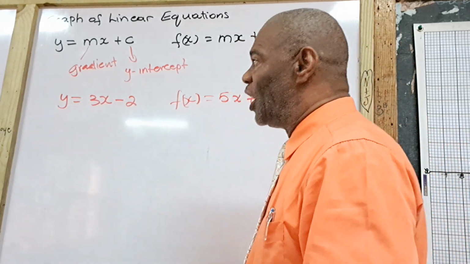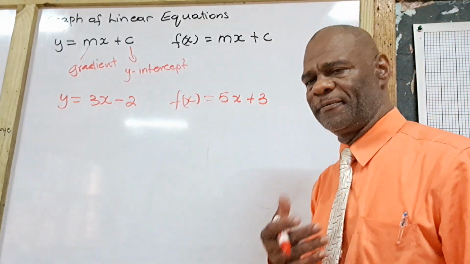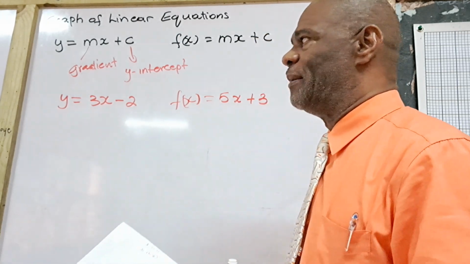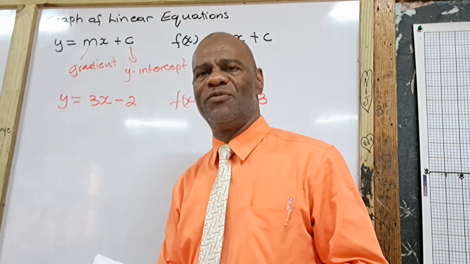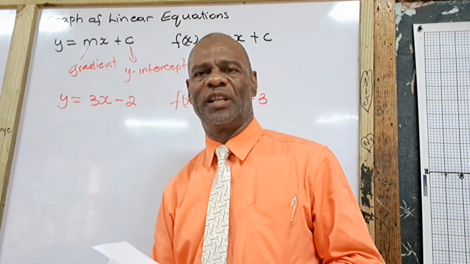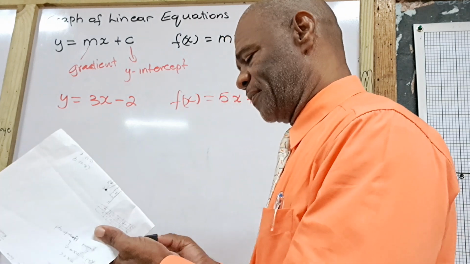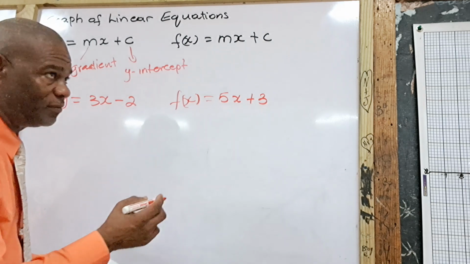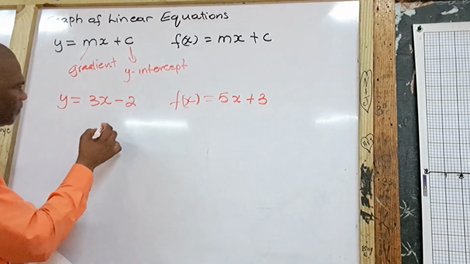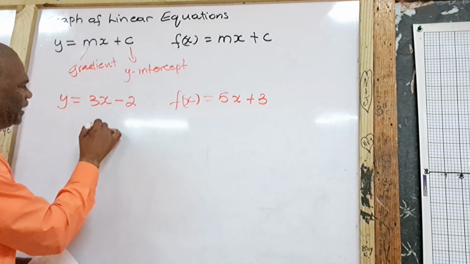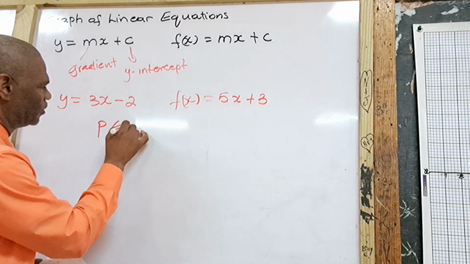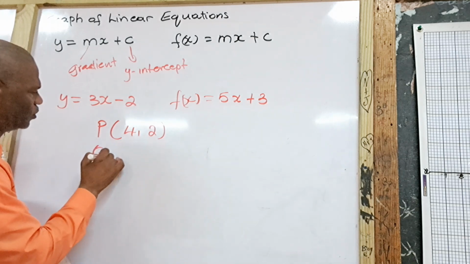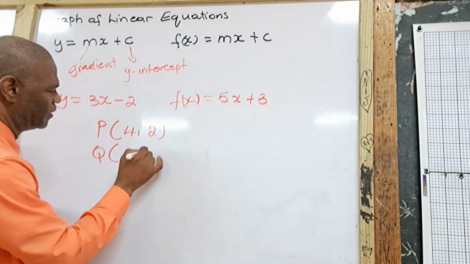Now, how do we find the gradient of a line? Some persons say the gradient of a line is the vertical rise over the horizontal run. Let's say we have these 2 points, P equals (4, 2) and Q equals (1, 1).